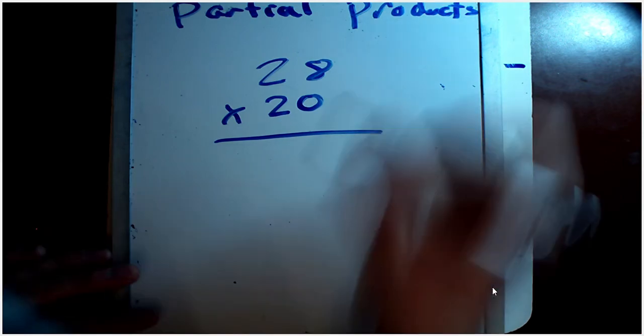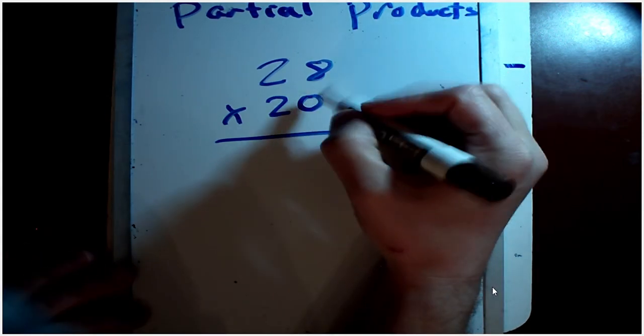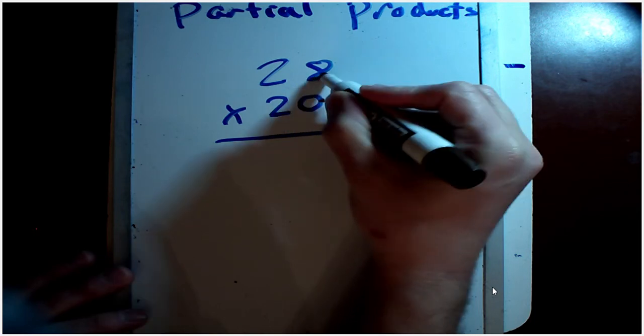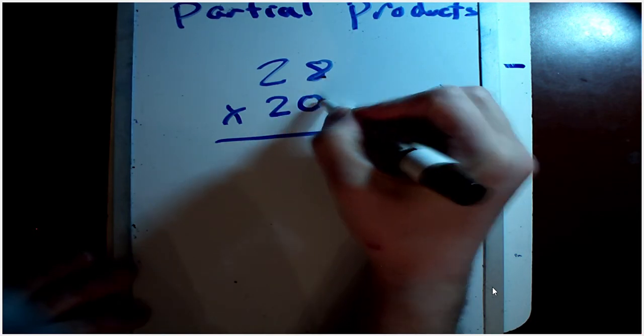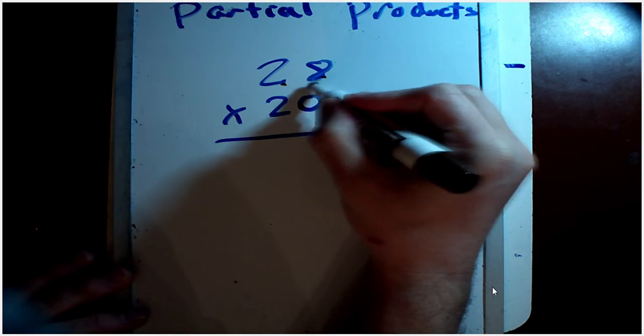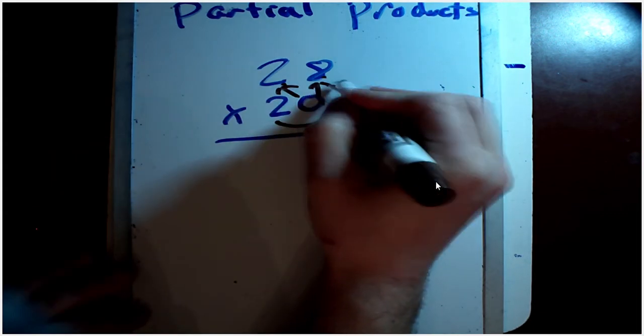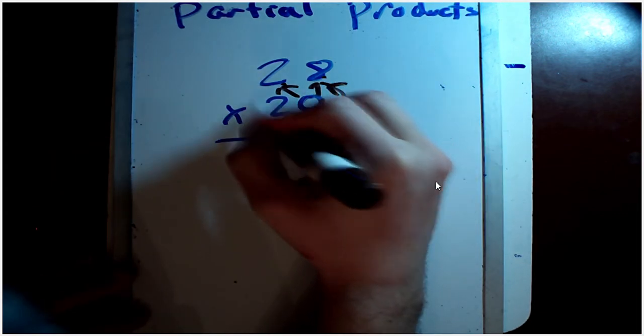So let's look. We are going to multiply my ones from one factor by my ones in another, my ones by a 10. So we're going to go here and here. And then we're also going to go here. We're going to multiply that. We're going to multiply that.